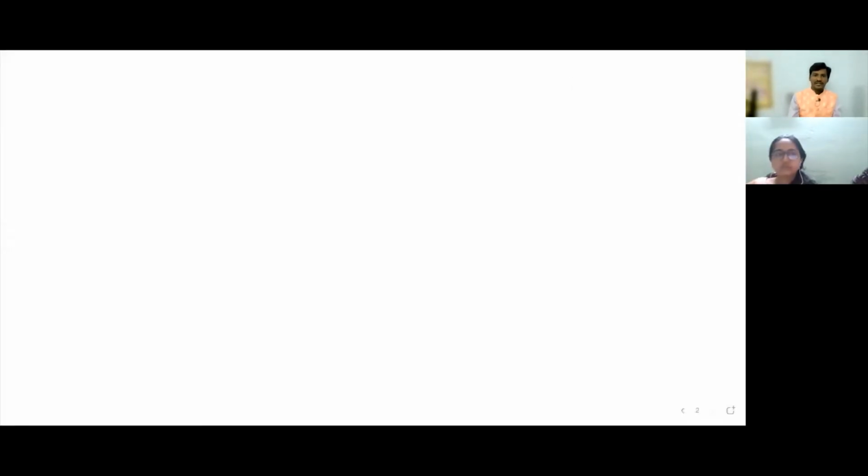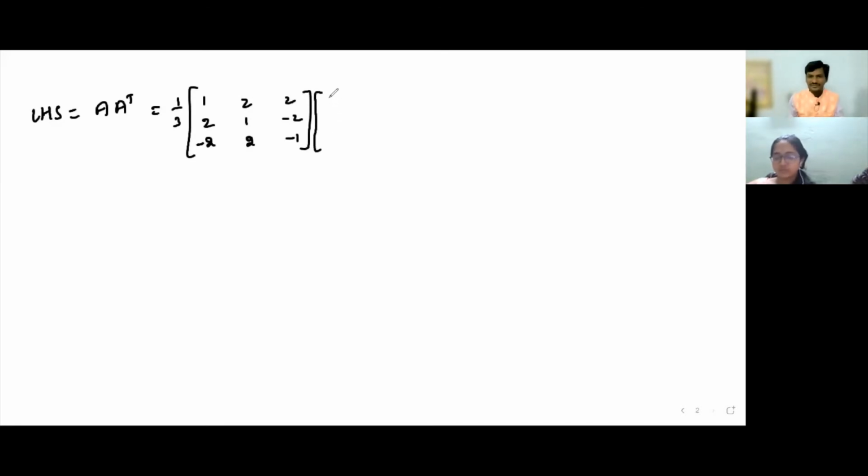So now here I am taking the LHS. LHS is equal to A into A transpose, that is equal to 1 by 3 into the A matrix [1 2 2; 2 1 -2; -2 2 -1], and the A transpose [1 2 -2; 2 1 2; 2 -2 -1].